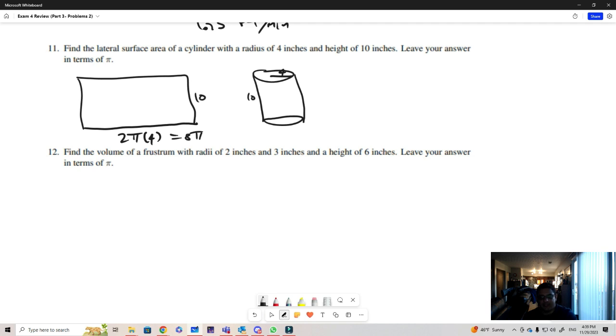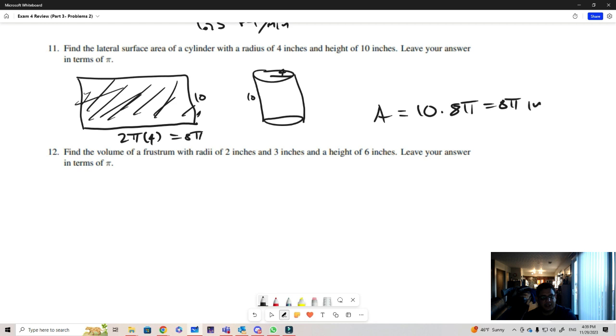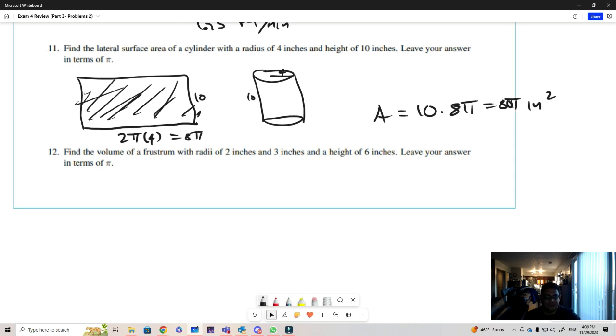So the surface area, which is this, is just going to be a rectangle, which is 10 times 8 pi. So that's going to be 251 inches squared. And that will be the entire surface area of this. We don't have any covers. If we had covers, we would have to do pi r squared, but in this case they're not talking about any covers. So this is the simplest scenario that we can have for surface area.